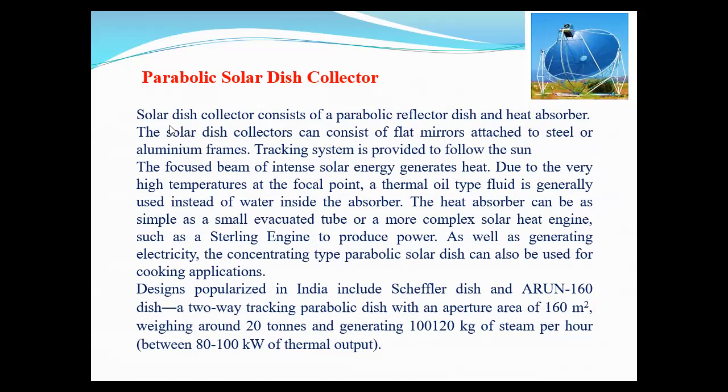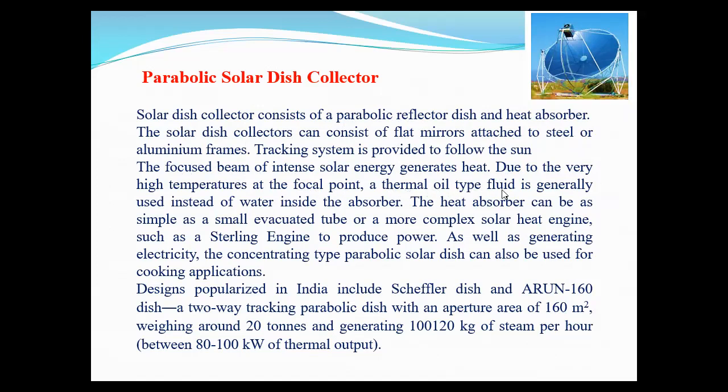So the parabolic solar dish collector consists of a parabolic reflector dish and a heat absorber or receiver. The solar dish collector can consist of flat mirrors attached to steel or aluminum frames, and a tracking system is provided to follow the sun by the collector. The focused beam of intense solar energy generates heat due to the very high temperature at the focal point.